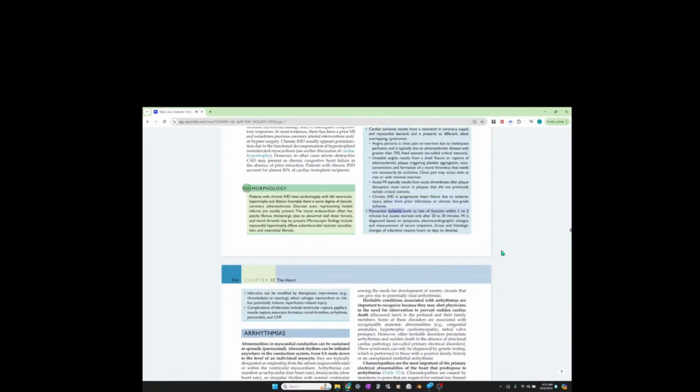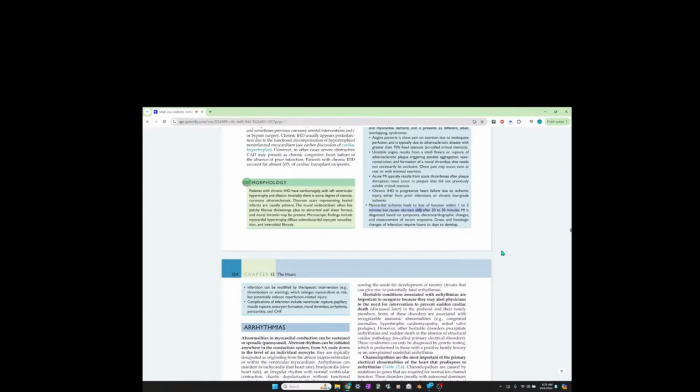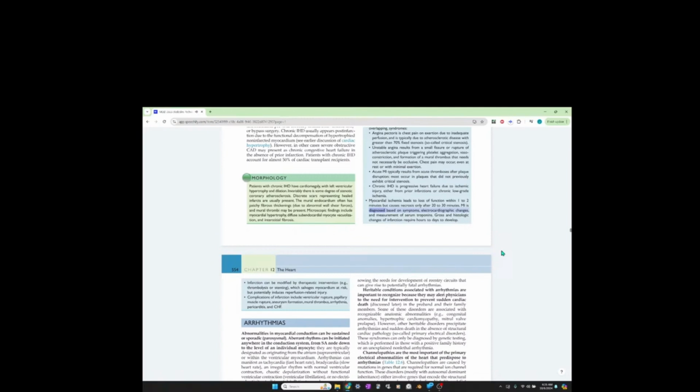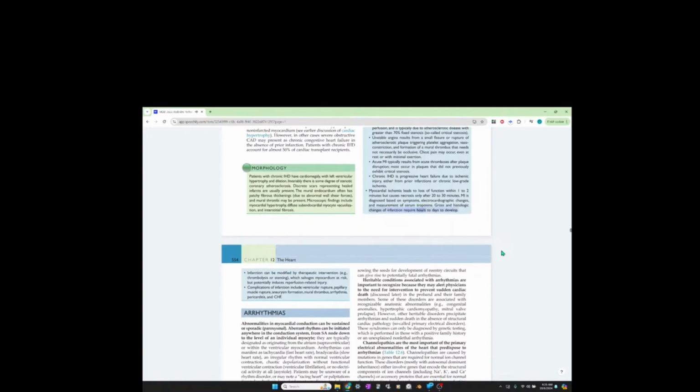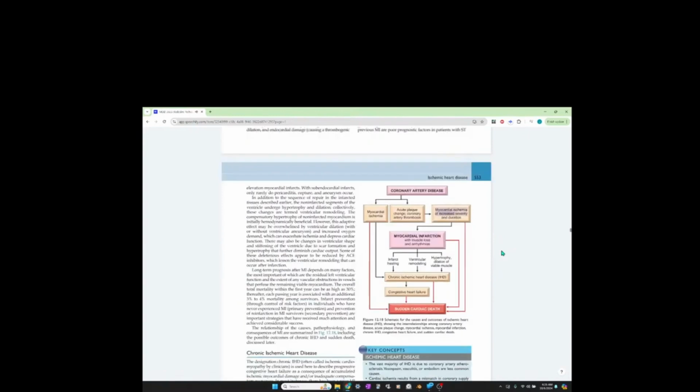Myocardial ischemia leads to loss of function within 1 to 2 minutes but causes necrosis only after 20 to 30 minutes. MI is diagnosed based on symptoms, electrocardiographic changes, and measurement of serum troponins. Gross and histologic changes of infarction require hours to days to develop, with myocardial ischemia of increased severity and duration.